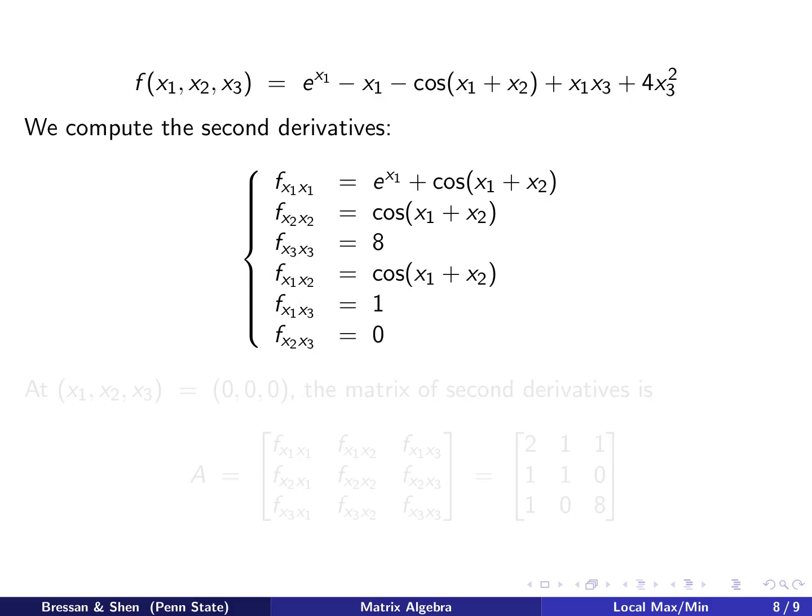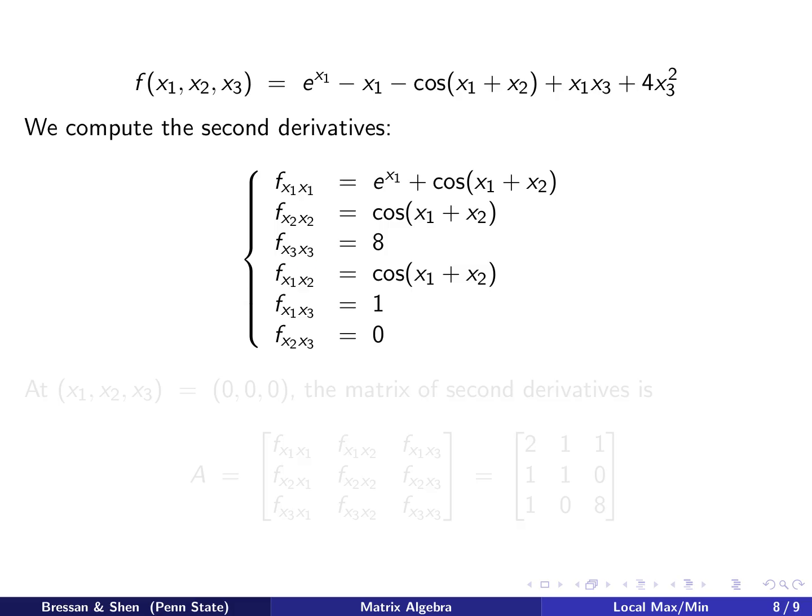And now we need to compute the Hessian matrix, the second derivative. Because there are three independent variables, we'll have f differentiated in x1 and x1. And then you do it twice and you get that. And then you differentiate f with respect to x2 and then again x2, and you will get this cosine.